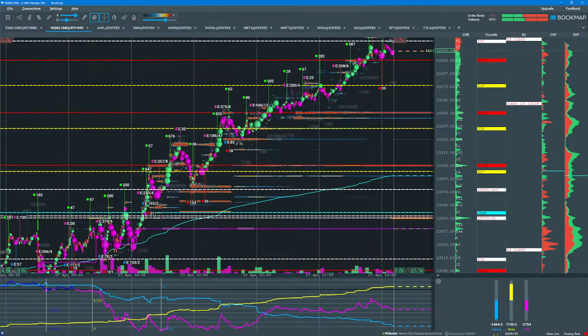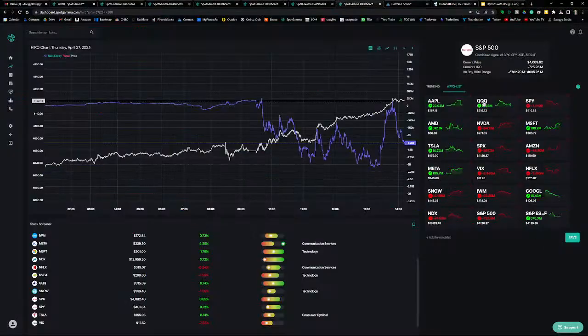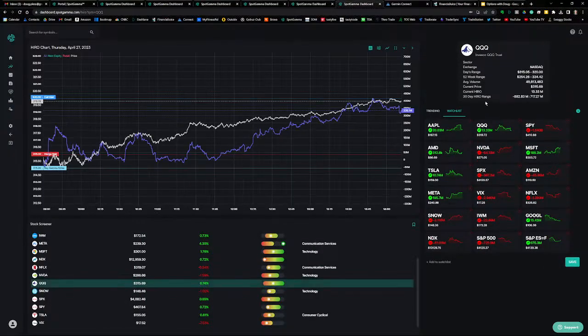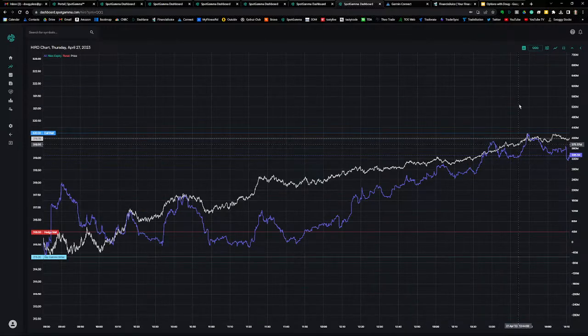So here's the NASDAQ, and let's go take a look at Hero for QQQ. And I think QQQ is easier to read today. So let's slice and dice this.